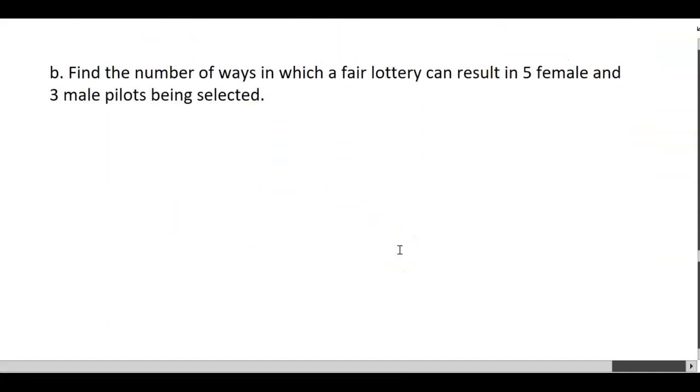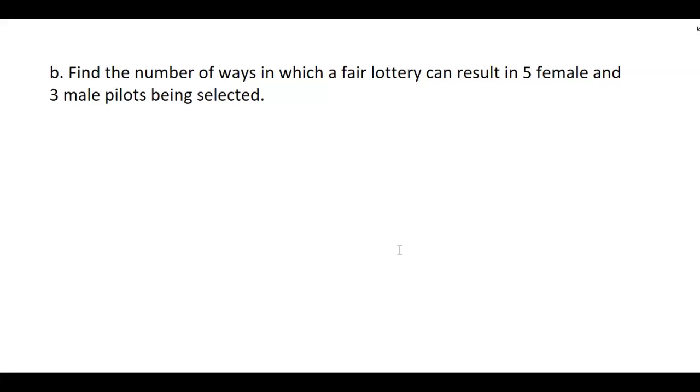Next, find the number of ways in which a fair lottery can result in 5 female and 3 male pilots being selected. Okay, so on top, we're going to have how many ways can we choose 5 female out of 10. We're going to multiply that by the number of ways we can get 3 male out of 15.